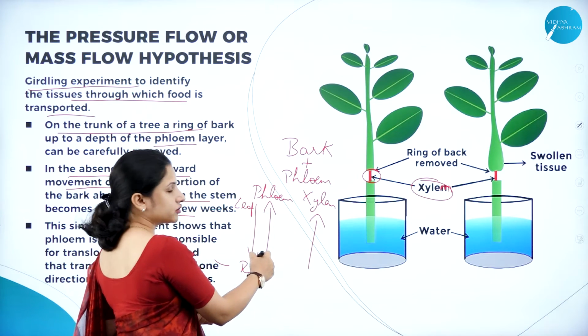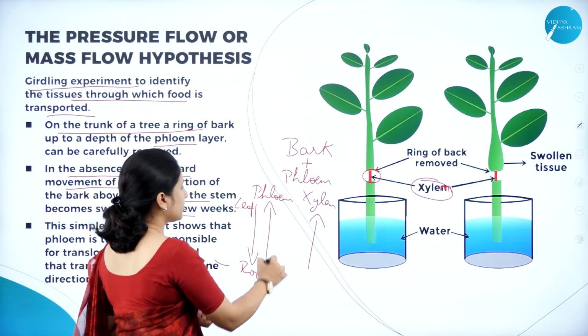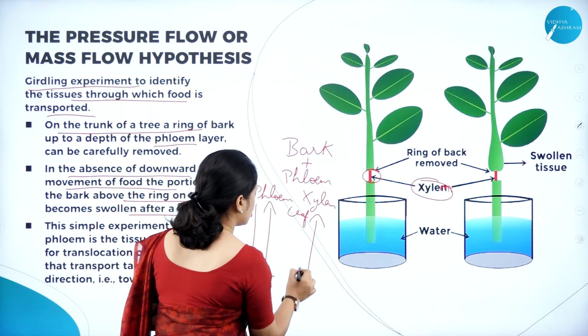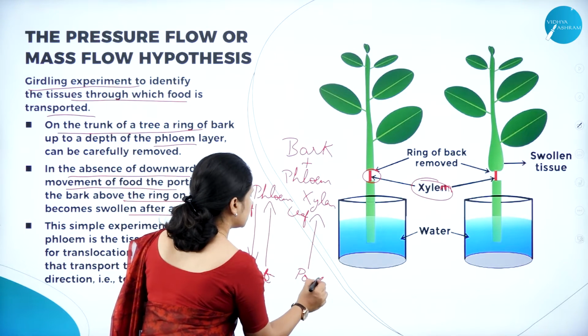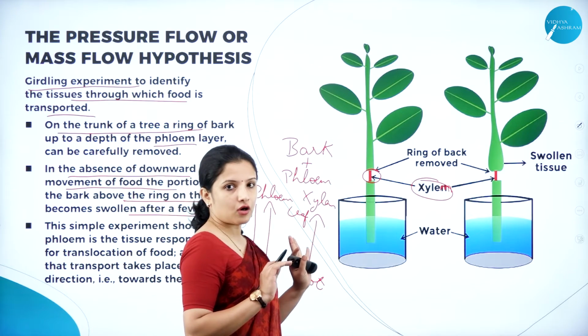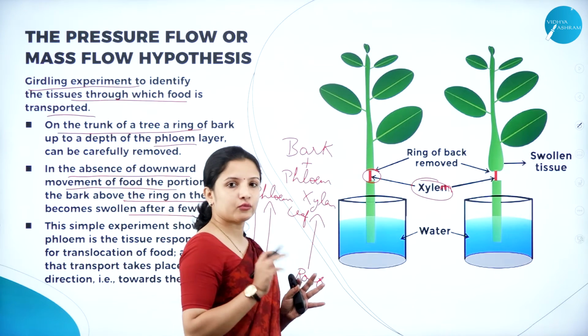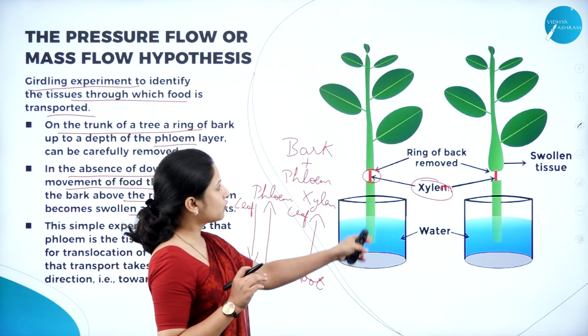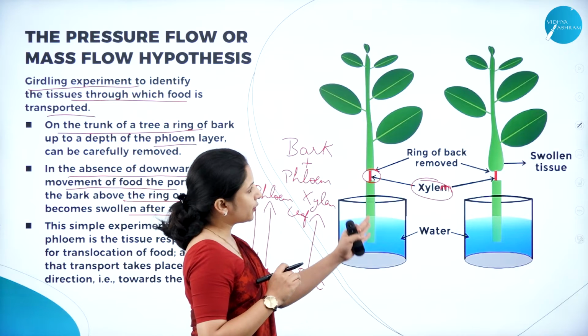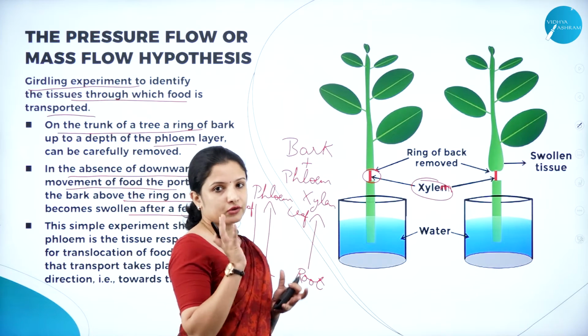From leaf to root also movement will take place, and from root to leaf also movement will take place. This is leaf, root. Here movement is only from root to leaf. Now here phloem is not there, only xylem is there. Therefore movement is only from root to leaf. So what they did was they put this in a solution.